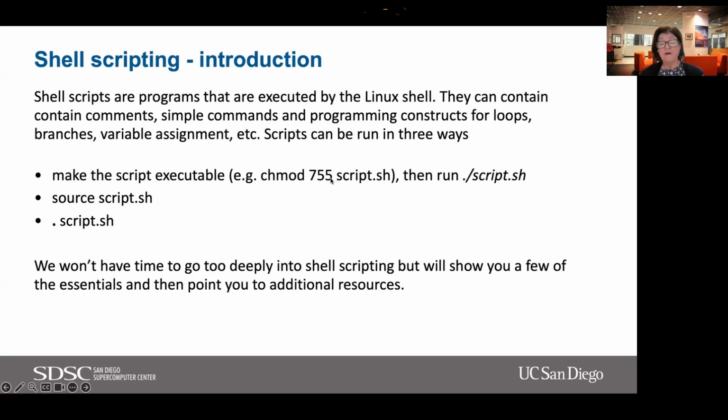That's 755: owner, group, world, and owner would be read, write, execute. This one would be read, execute, but no write, and this 5 is read, execute, and no write. So you have to give it the right commands. If you don't want the whole world reading and seeing your script, then these would be zeros.